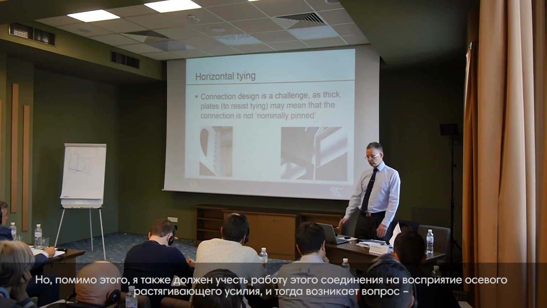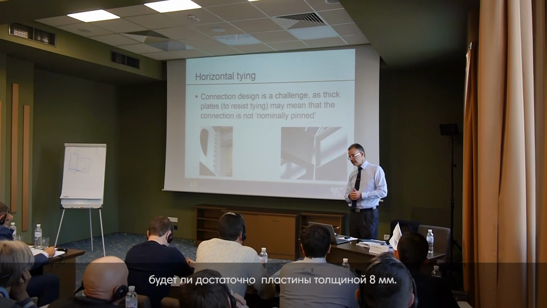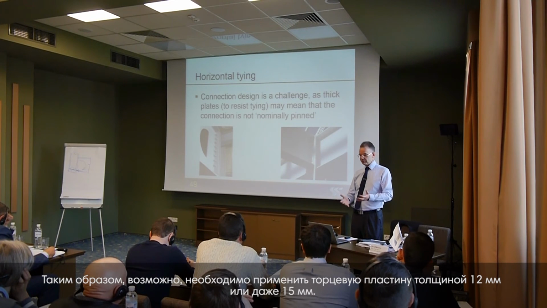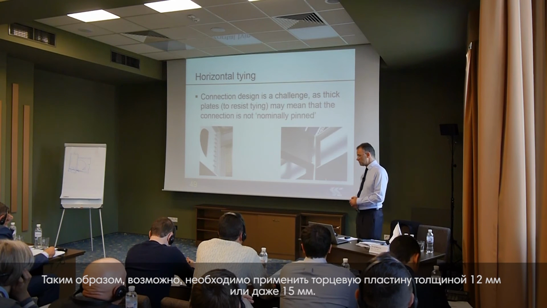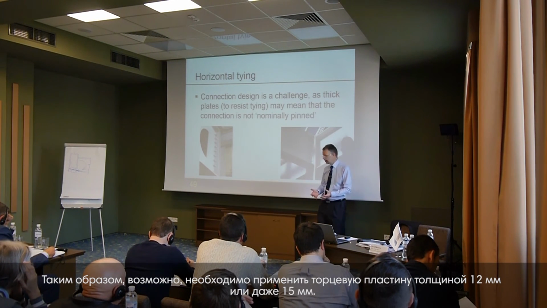But I also have to design the connection to resist a tying force. That will be a problem if the end plate is only 8 millimeters thick. So perhaps I need to put a 12 millimeter thick end plate on, or maybe a 15 millimeter end plate on.